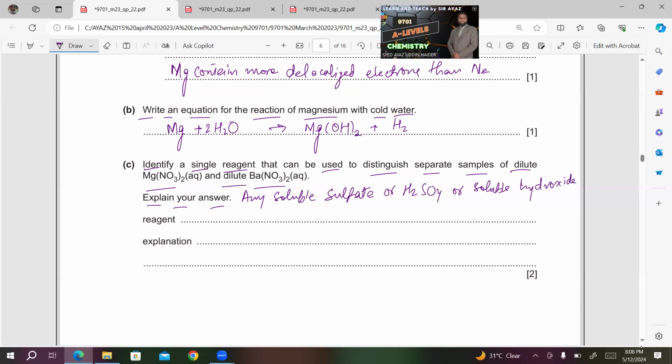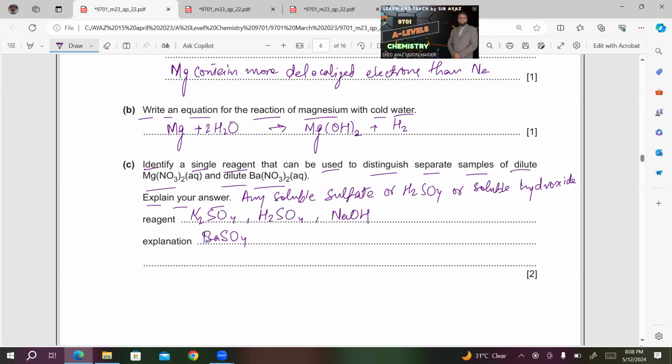Like a soluble sulfate, you can take K2SO4 or H2SO4, or a soluble hydroxide like NaOH. So barium will form an insoluble precipitate, BaSO4.